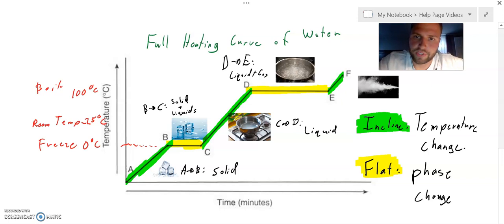And then from sections E to F, we have just gas.